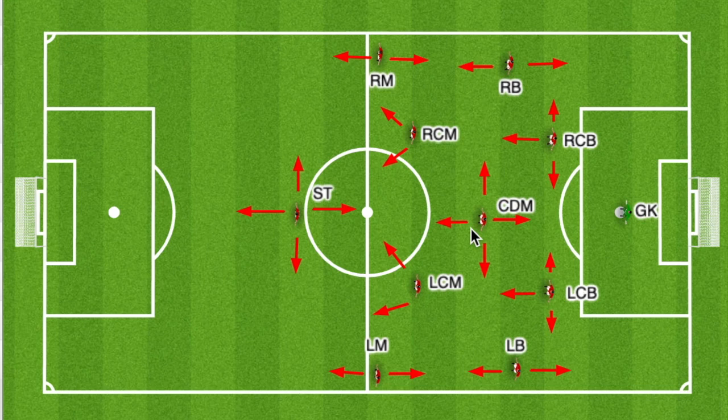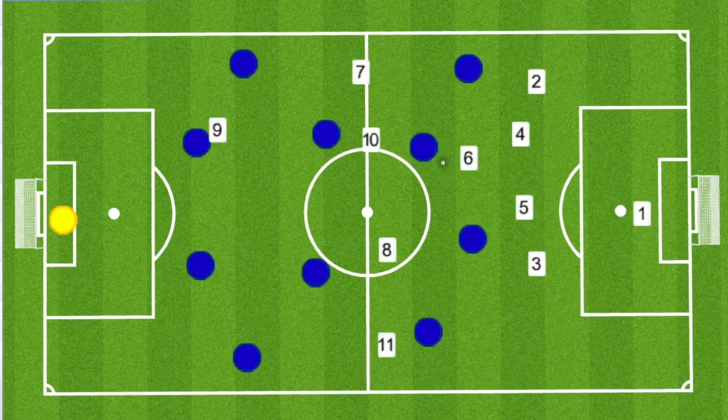Some disadvantages, of course, as we can see, is that the striker is alone. So there's a lot of running effort from the midfield players to help the striker, especially in transition. There is a big possibility of danger when, like I mentioned earlier, the ball gets behind the number 6.